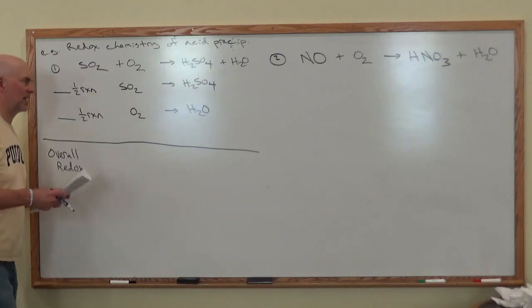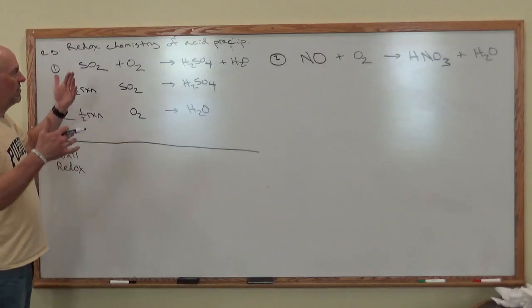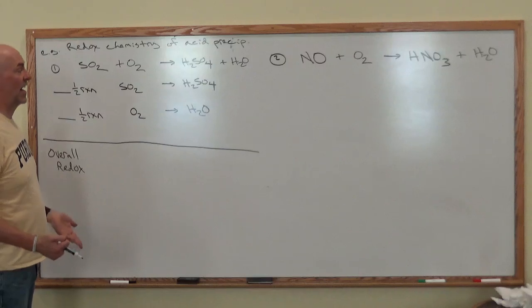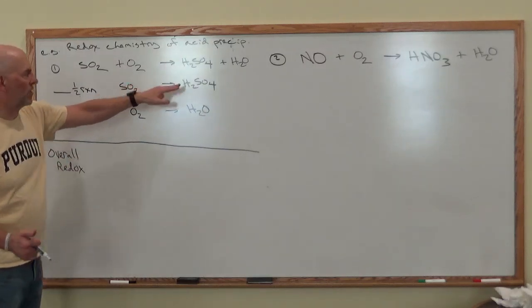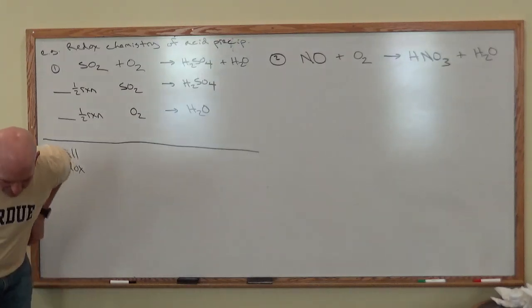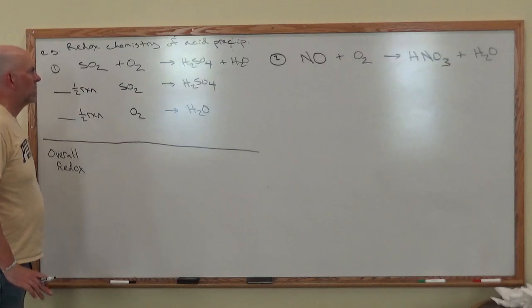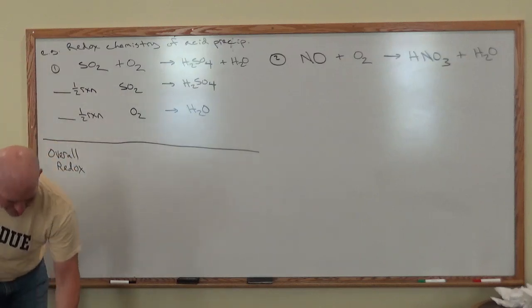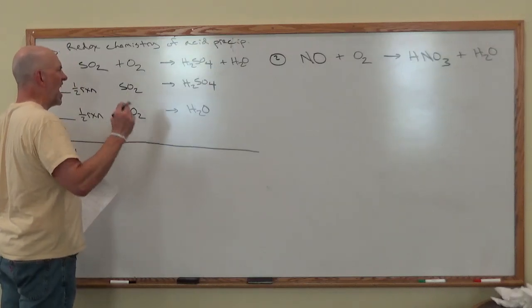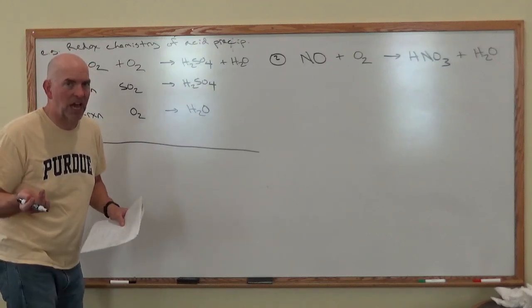Okay, how do you balance these? Step one, balance everything that's not hydrogen or oxygen. In this case, the only thing that's not hydrogen or oxygen is sulfur. One sulfur. Check, that's done. The next step is to balance the oxygen using water. I know there's different ways of doing these, and if I make a mistake, by the way, that's okay, because it'll shake out.